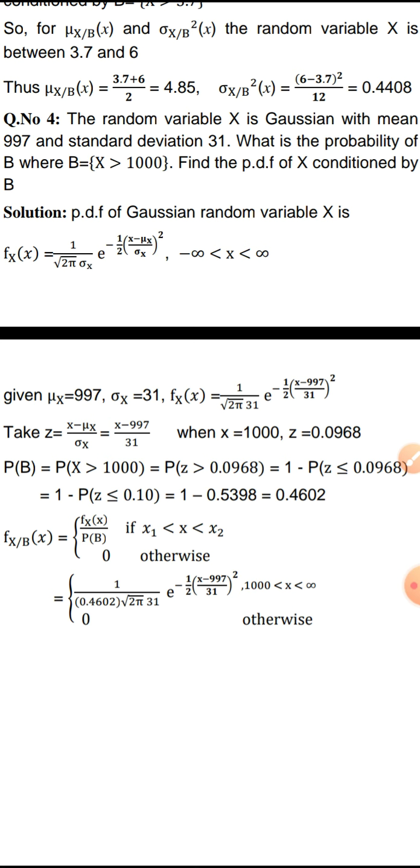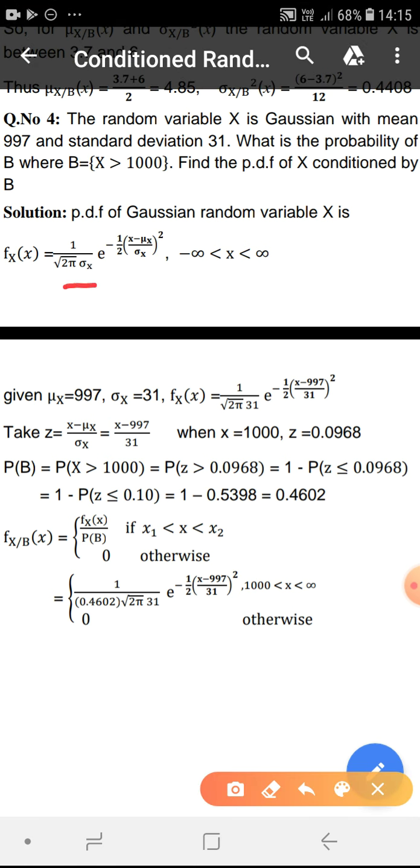So here x is a Gaussian random variable. When x is a Gaussian random variable, the probability density function or the PDF is given as 1 by root 2 pi into sigma x into e power minus half ((x minus mu x) divided by sigma x) whole square, for all x values between minus infinity to plus infinity.